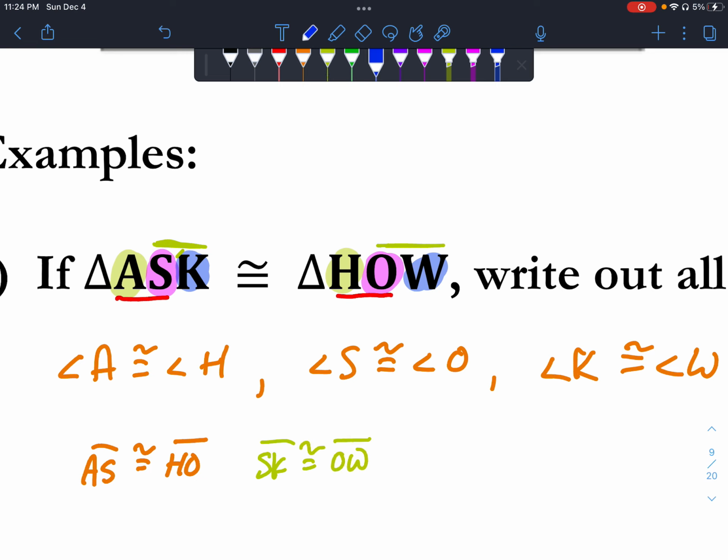And the third is usually the connection of the first and the last. We would see AK congruent to HW. Extremely similar to what we would do with similar triangles. This time we just know the sides are congruent themselves.